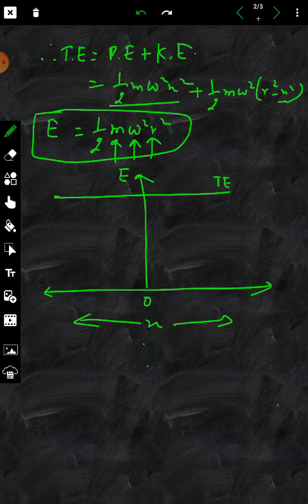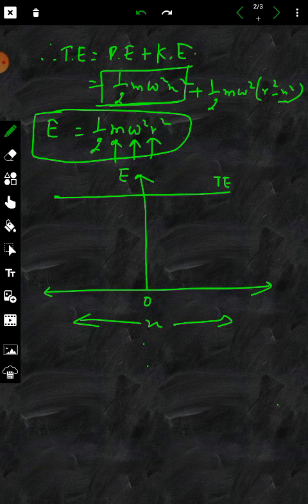And what about the potential energy? It is given by this. Except x, everything else is constant. So as x increases, the potential energy also increases, but not directly because it is a square.